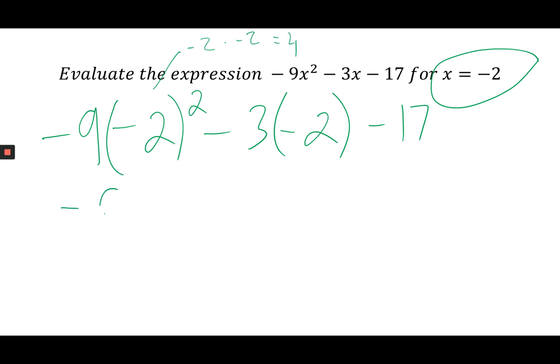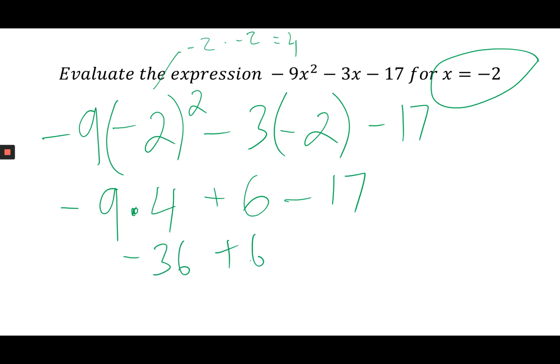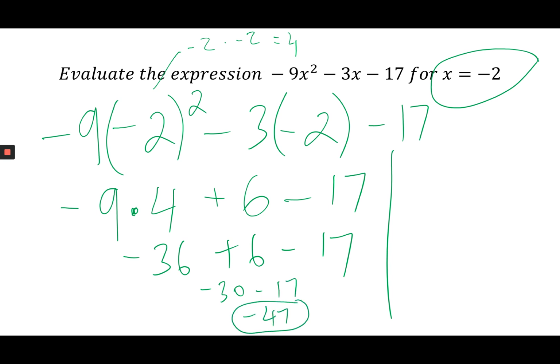So negative 9 times 4 minus 3 times negative 2, which is positive 6, minus 17. Again, multiplication first. Negative 9 times 4 is negative 36 plus 6 minus 17. Negative 36 plus 6 is going to be negative 30. Minus 17 is going to be negative 47.